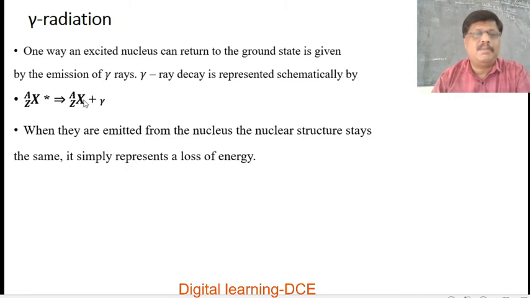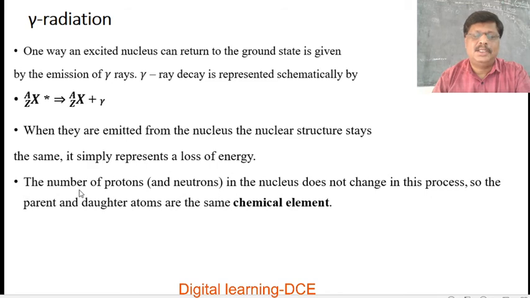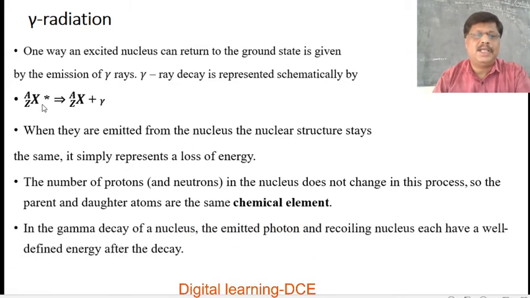Both atomic number and mass number of the parent and daughter nucleus remain the same in the gamma decay process. The number of protons and neutrons in the nucleus does not change in this process. So the parent and daughter atoms are the same chemical element.